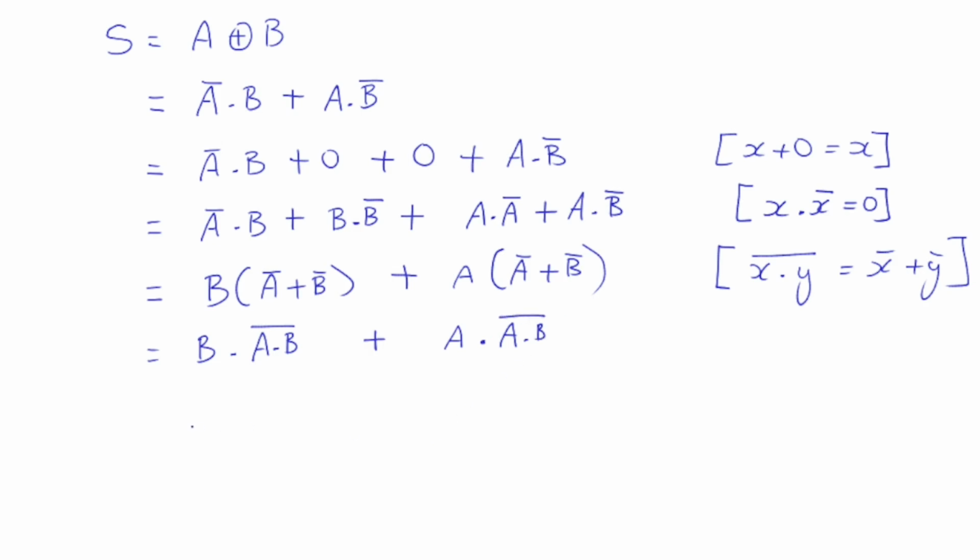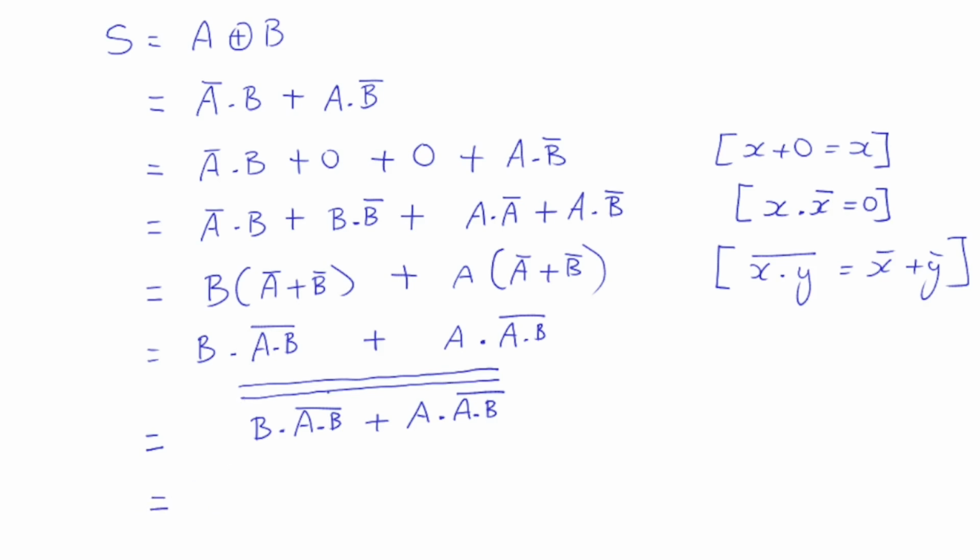And again, if we apply law of involution, that is, I have just copied this line, B dot (A dot B) complement plus A dot (A dot B) complement, and if I double complement the whole thing, the value of the expression is not going to change.